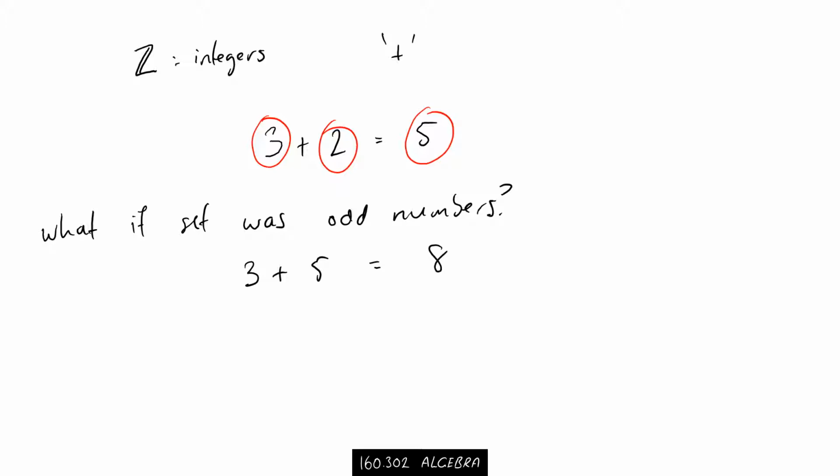So we need to be careful that when we're dealing with a set of things and an operation, the operation needs to give us back another member of that set. So for our odd numbers, we can't be considering the odd numbers under addition to be a group. Again, we'll talk about what a group is a little bit later, because the operation is not closed.